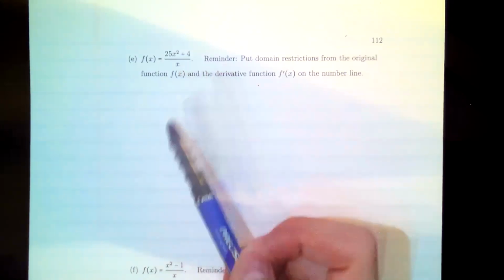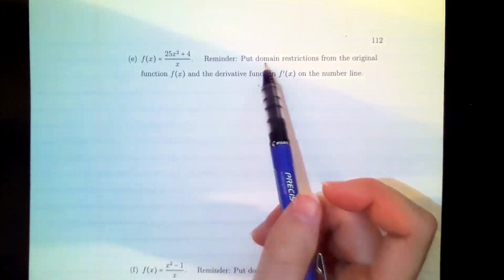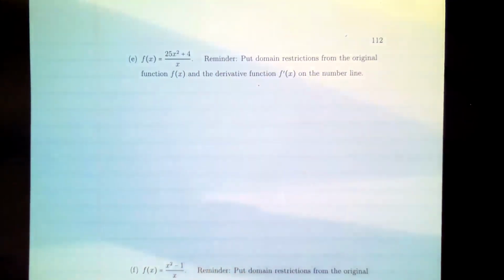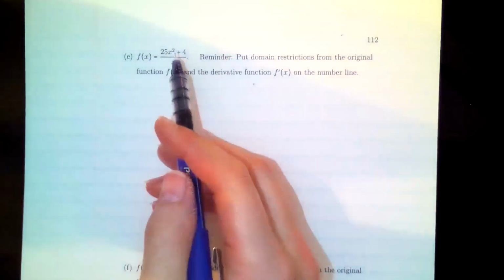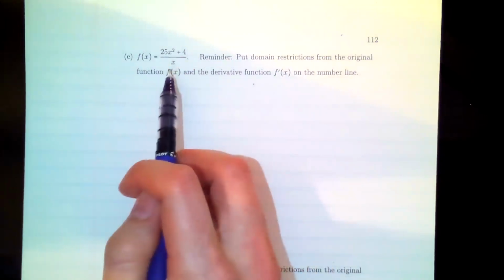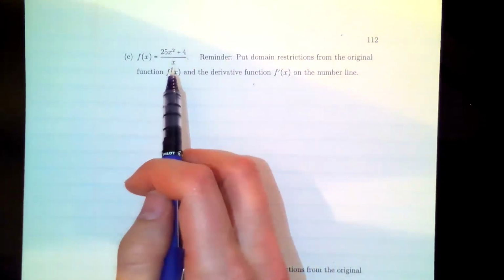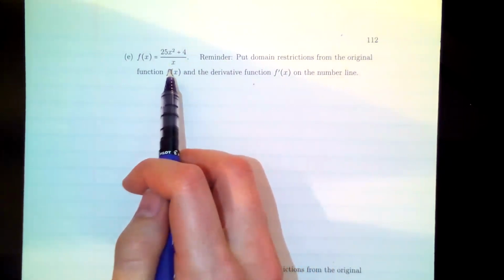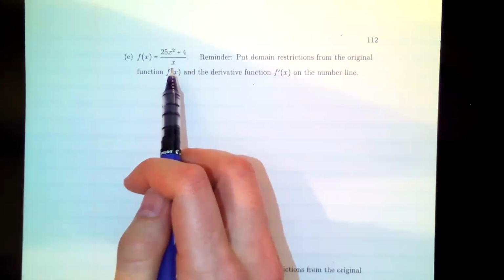And they give us a nice little reminder here. It says put domain restrictions from the original function and the derivative on the number line. Well, that's a good idea. The unfortunate thing about rational functions, that is ones that look like a fraction like this, is there could be what I call, quote, bad values of x. Any value of x that you might plug in that causes the bottom to be 0, those are domain restrictions, right? Those are bad x values.